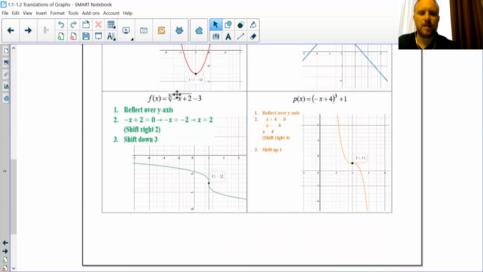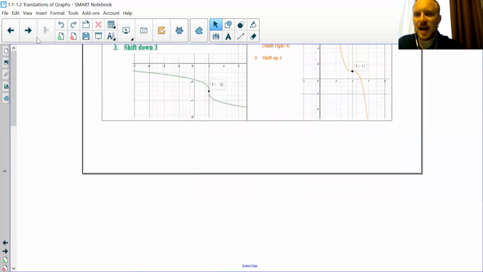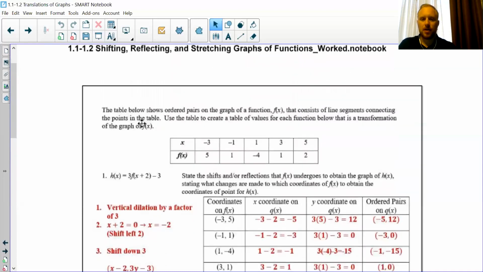This one here is reflected over the y-axis because that negative is inside, and then it's going to the right 2, because when we set this inside part equal to 0 and solve, we get positive 2, and then it goes down 3. This one right here reflects over the y-axis again, this time shifting to the left 4, and then it's going to go up 1. So it's just understanding that basic concept of the parent.